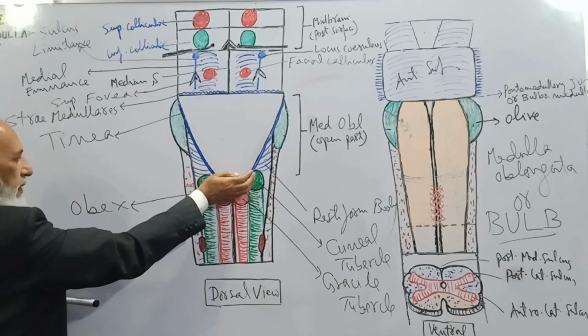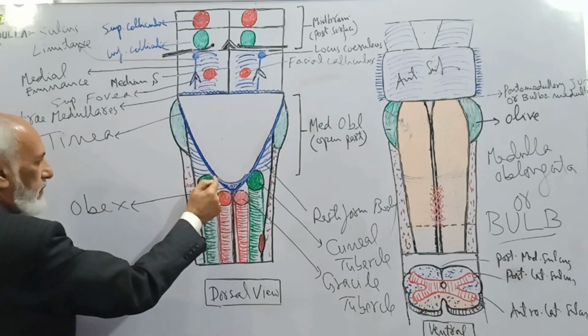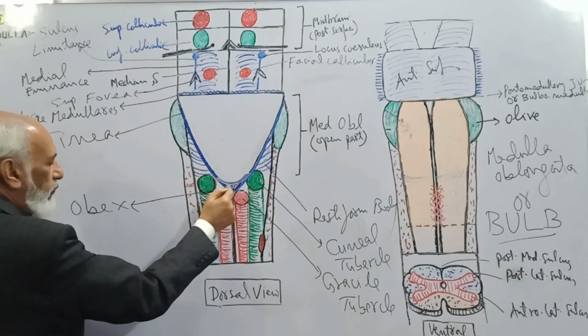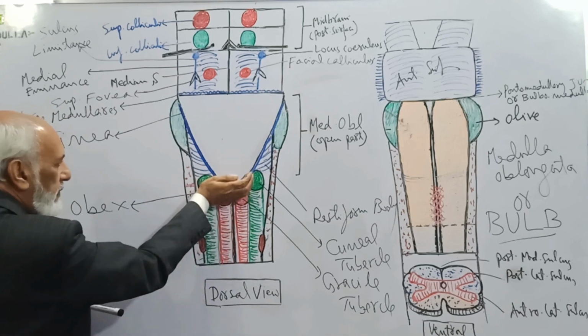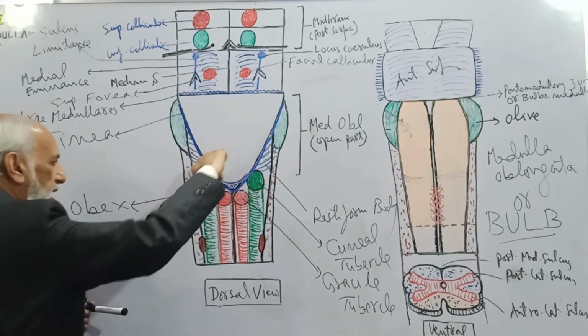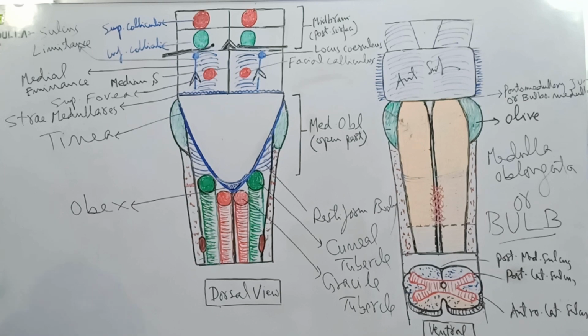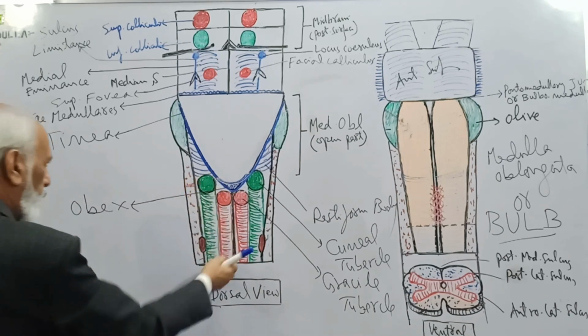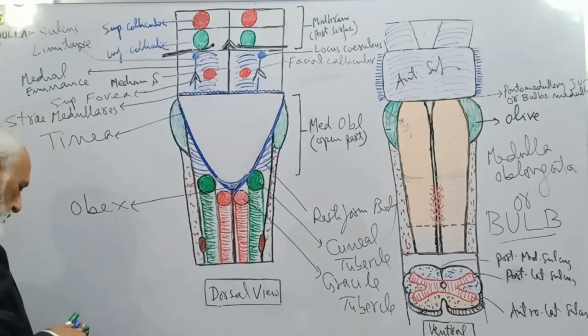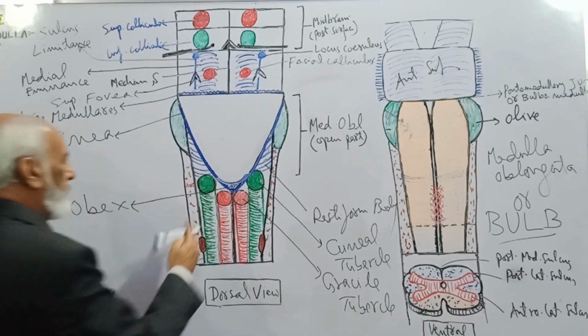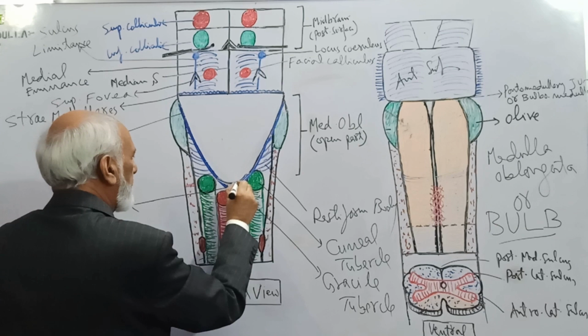So a small triangular fold arising from the tinea of one side to the other covers it, and behind it there is a small pocket which leads into the central canal of the closed part of the medulla oblongata. So this is known as the obex.